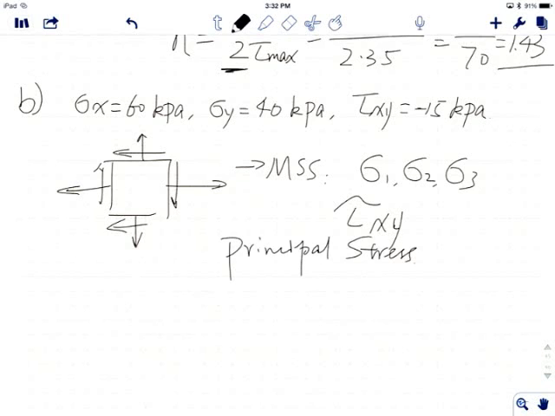How many of you remember you learned principal stress? Right. Okay. All right. Sure. It's just a coordinate transformation technique, right?